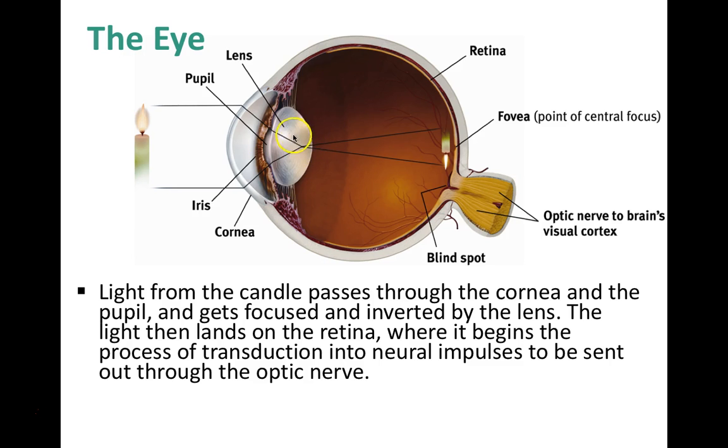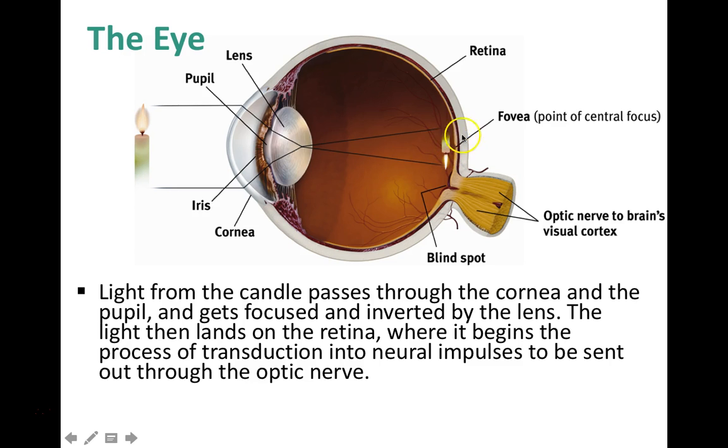In any case, it gets inverted by the lens, and so the light, the sun then lands on the retina. So we got light getting through the pupil, and then inverted by the lens and going through the vitreous humor, this whole middle part, and it gets to the retina.